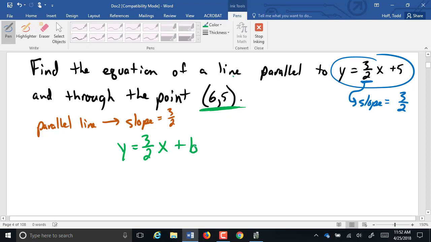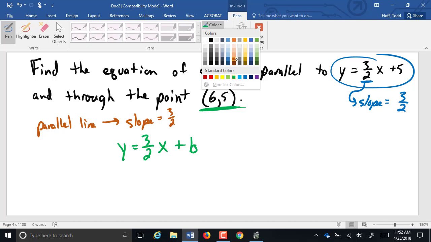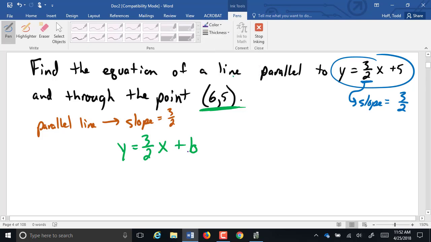So for now, I'm going to put the letter B in there for my y-intercept. To find out what B has to be, I use this point, 6, 5. This is telling me that y is going to be 5 when x is 6. So 5 equals 3/2 times 6 plus B. The only thing left to solve for is B.